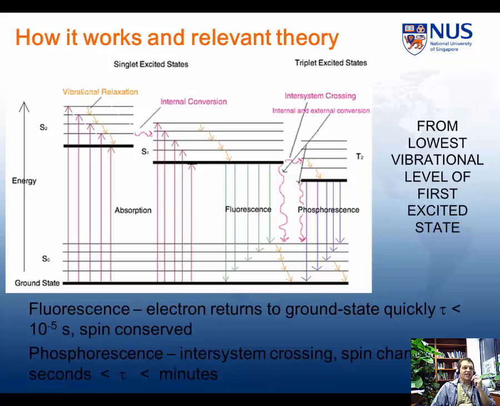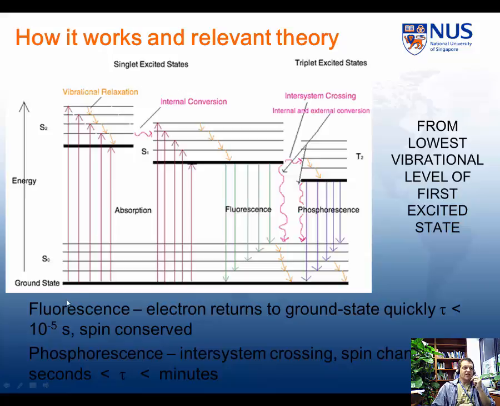Now in all of these cases you can get internal and external conversion, which thwarts the luminescence, if you will, by cascading the energy down through the vibrational levels. Note, for fluorescence or phosphorescence, the light is always emitted from the lowest vibrational level of the first excited state.